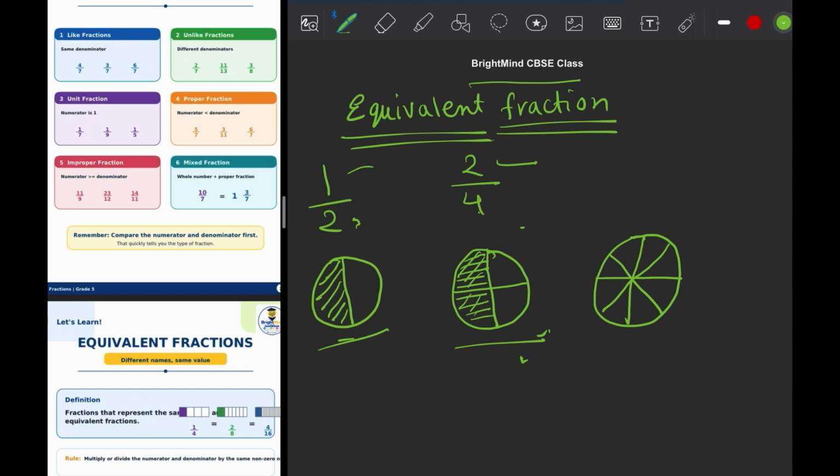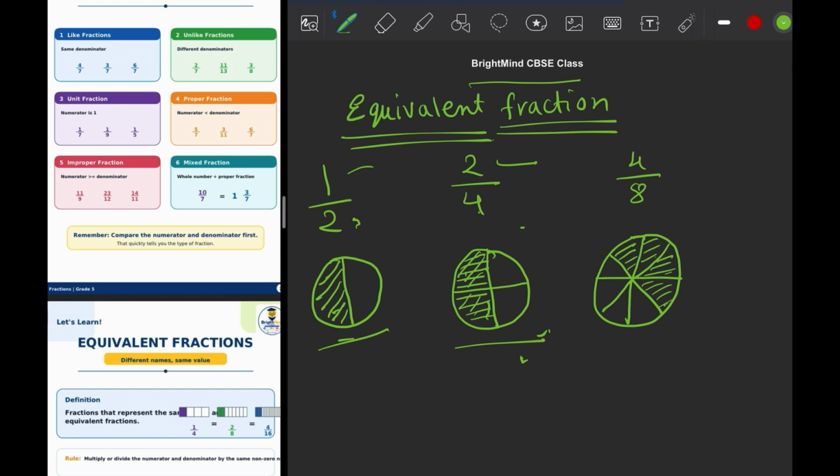Now, instead of eating one piece or two pieces, here I will eat 4 pieces. This lined part I have eaten. I have eaten all 4 pieces. So first I write the denominator, which is 8, and how many pieces did I eat? 4. So the numerator is 4.